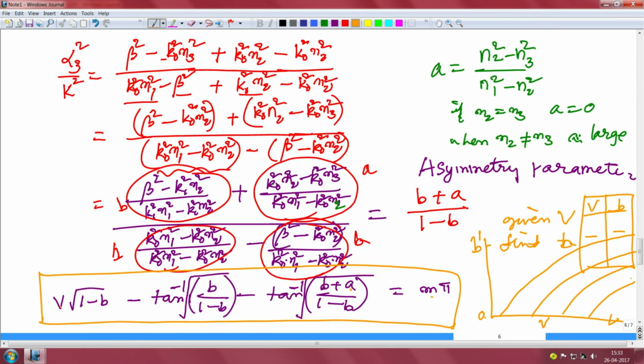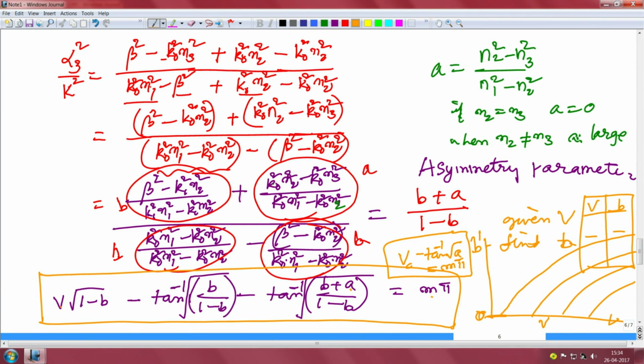We note that the cutoff values, that is when b equals 0, are obtained by substituting b equals 0 into this, giving V equals V cutoff. With b equal to 0, tan inverse 0 is 0 and here a remains, and minus tan inverse root a is m pi. This is the expression for cutoff.